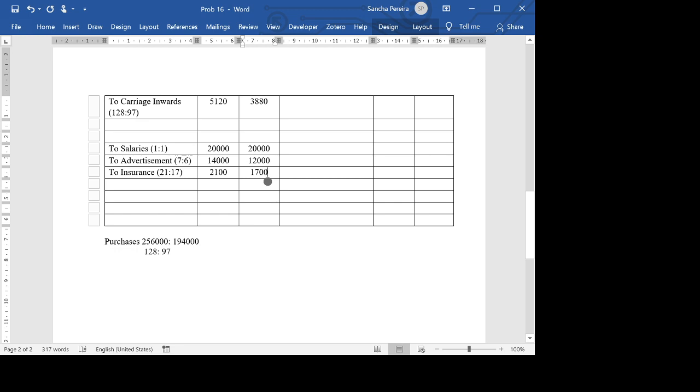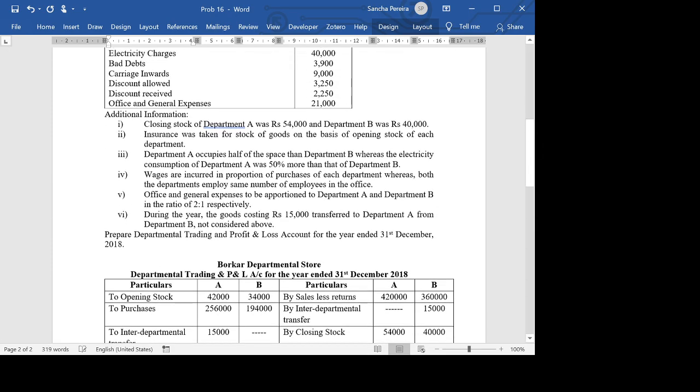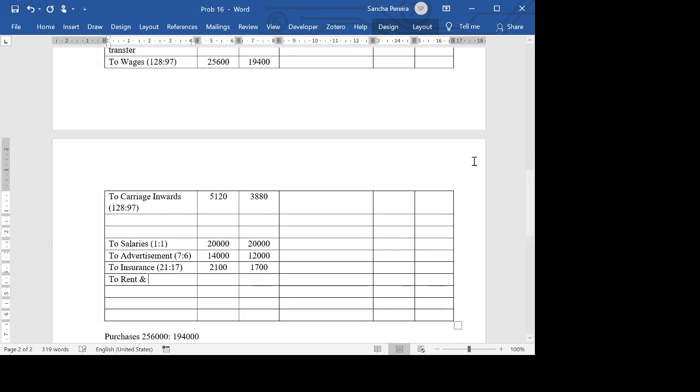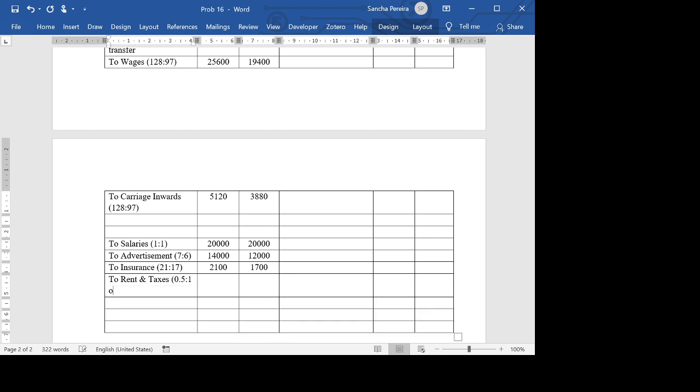You can take it as 0.5 is to 1, or you can take it as 1 is to 2.